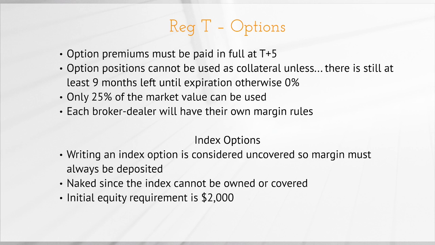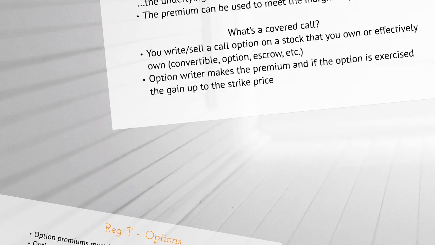Index options are considered uncovered, so you always have to deposit margin for those, since it's not practical to own all the shares in an index, and you have to have the initial equity requirement of $2,000 as well. So remember, 25% of the market value for an option if it has at least 9 months left until expiration.